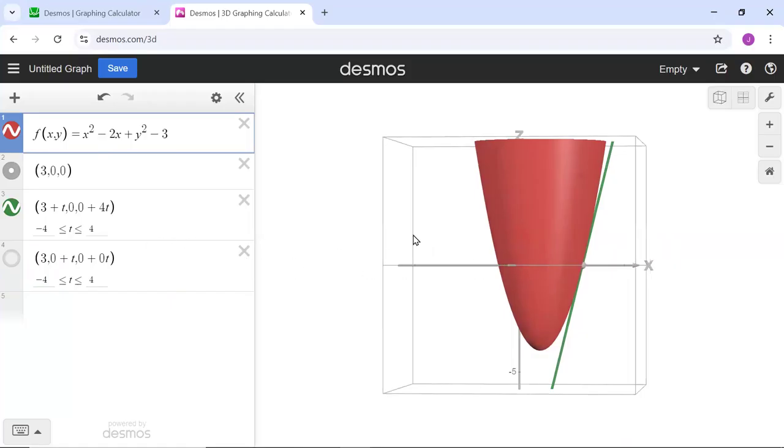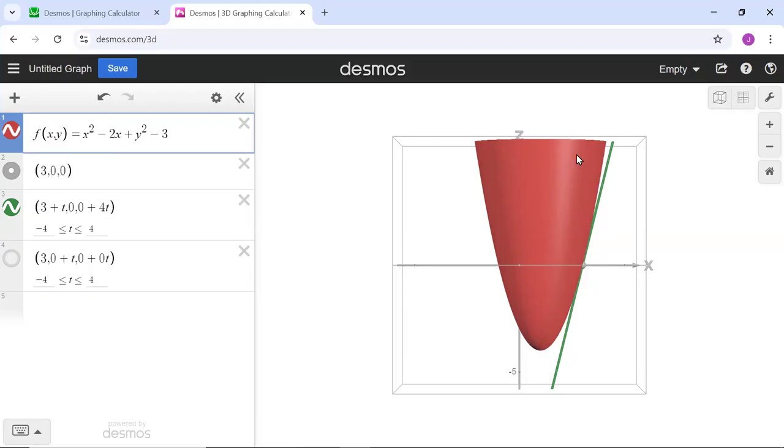So let's examine f sub x first. F sub x is 4. That means the slope of this line, when you look at the cross section of the xz plane, you end up with this line of slope 4.